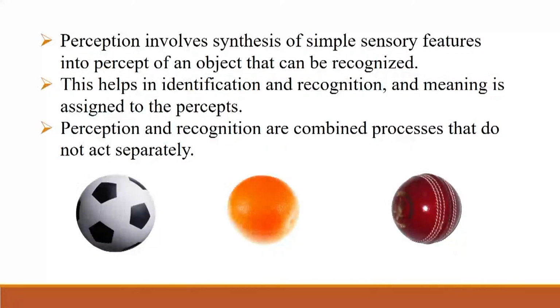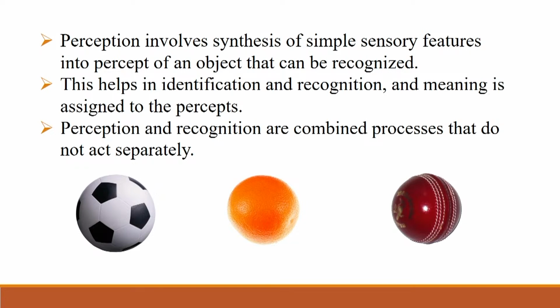Now, we will look into how perception happens. Perception involves synthesis of sensory features into a percept of an object that can be recognized. This helps in identification and recognition, and meaning is assigned to the percepts. Perception and recognition are combined processes that do not act separately.